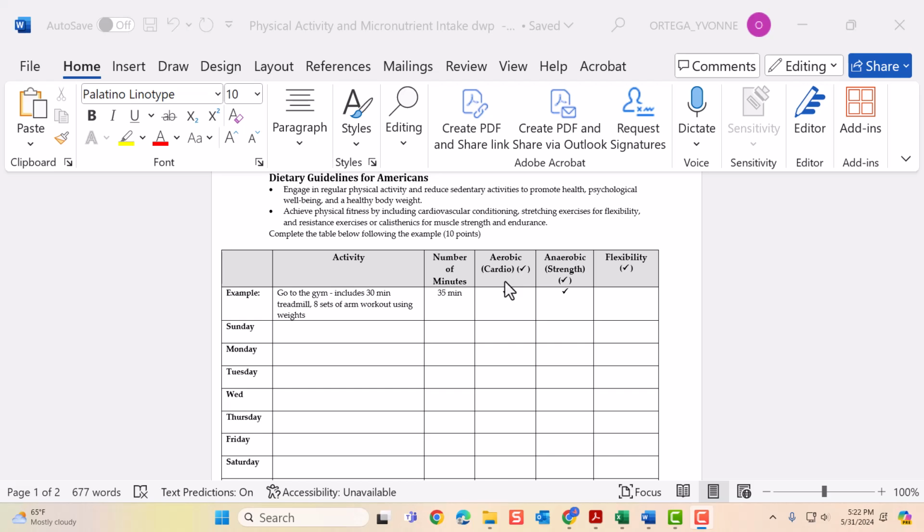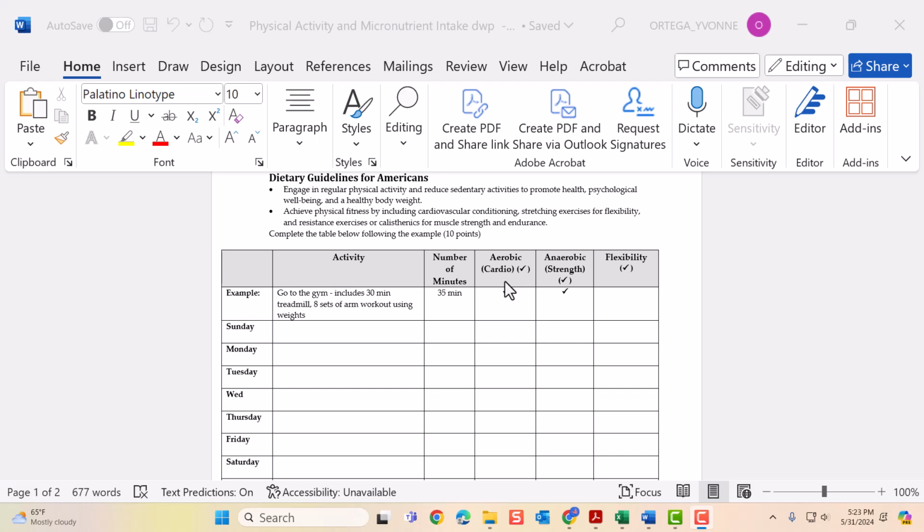In order for you to meet the dietary guidelines for all Americans, we suggest that a person exercises at least 150 minutes of moderate activity, so moderate intensity, and includes all 3 types of exercise. So you include the cardio, the strength, and the flexibility.